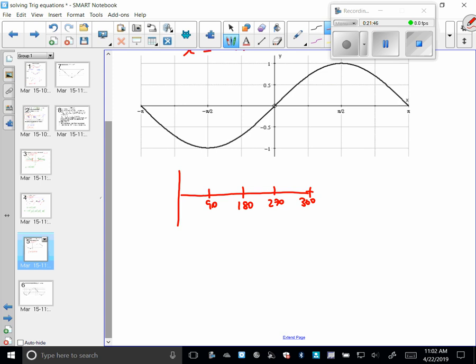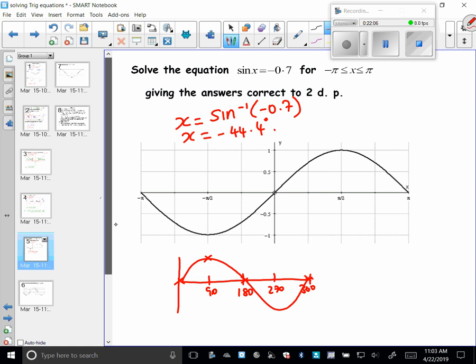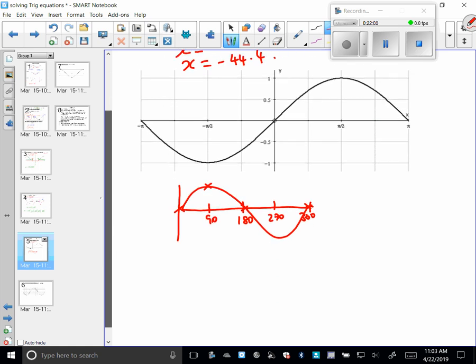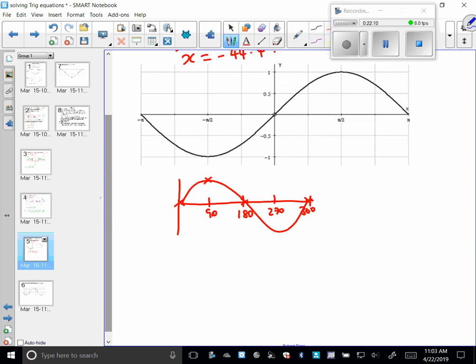So for the sine graph, remember it's 0, 1, 0, negative 1, 0. So we draw our sketch. That should take you just literally a few seconds. And we're finding where it's negative 0.7. So I know that that value is down here.